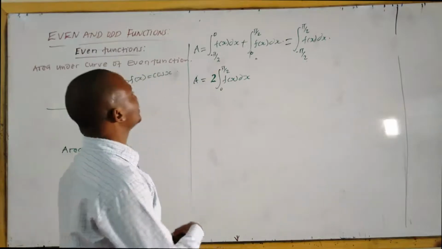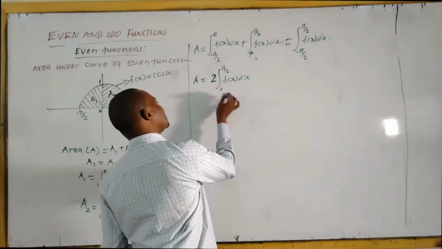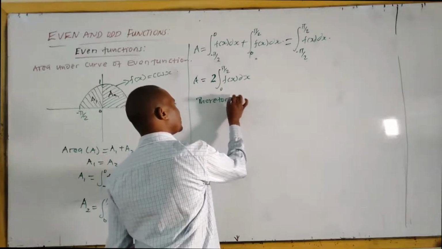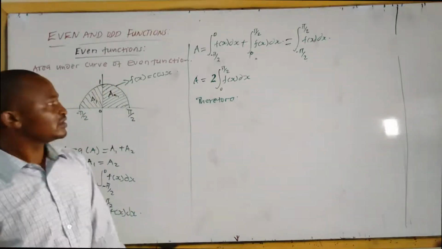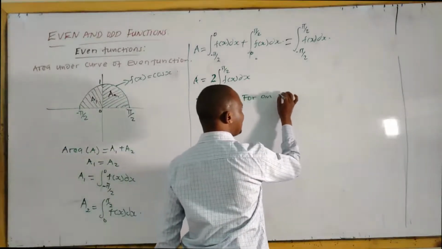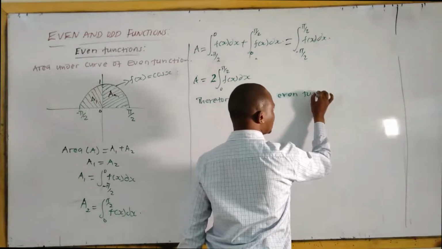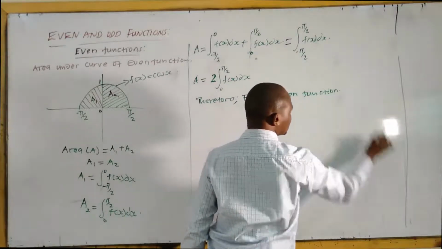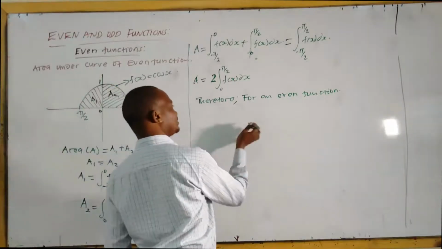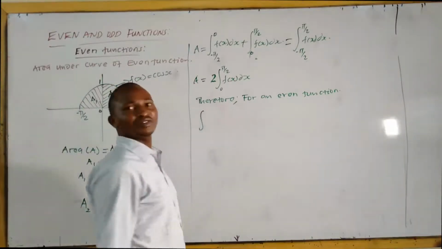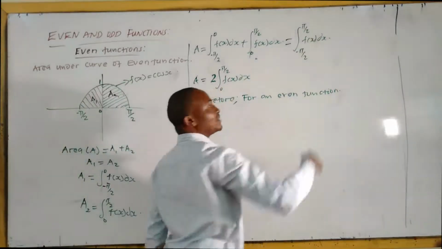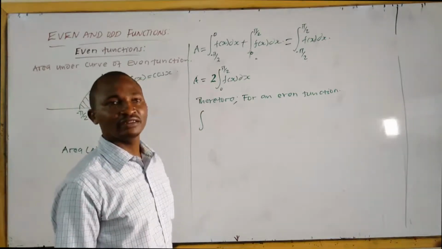So in short, we can see now the conclusion from that discussion. For an even function, integrating over any given limit is the same as multiplying by 2, but taking only half of the limit. In this case we have done an example from negative pi over 2 to pi over 2, but it could be over any limit.